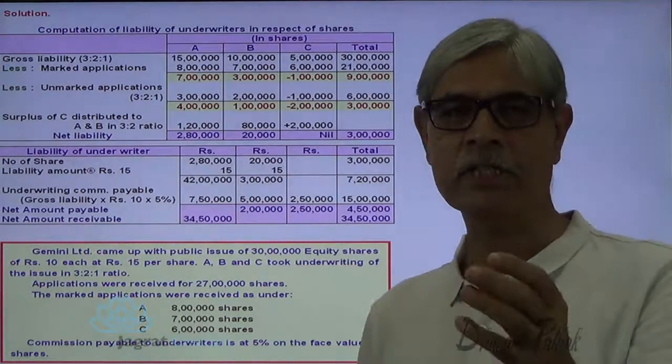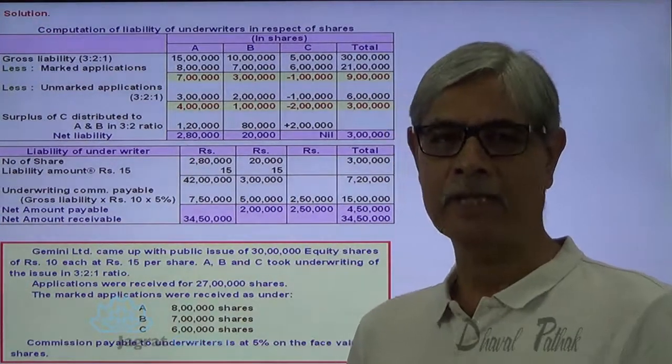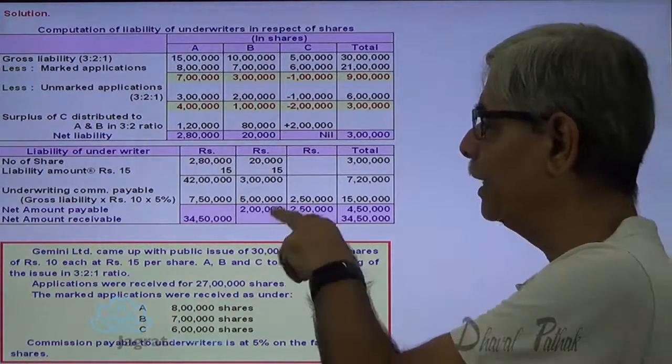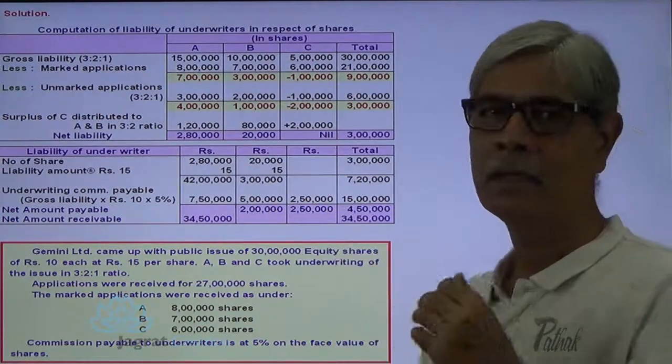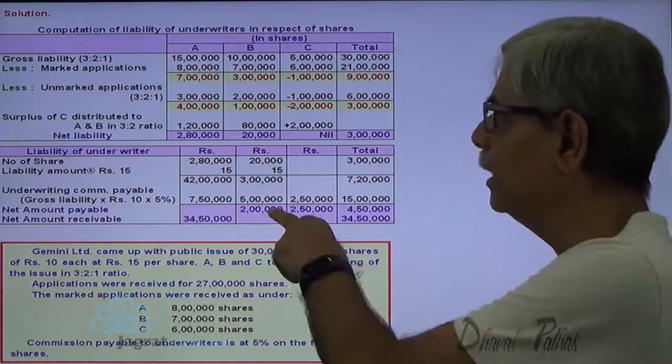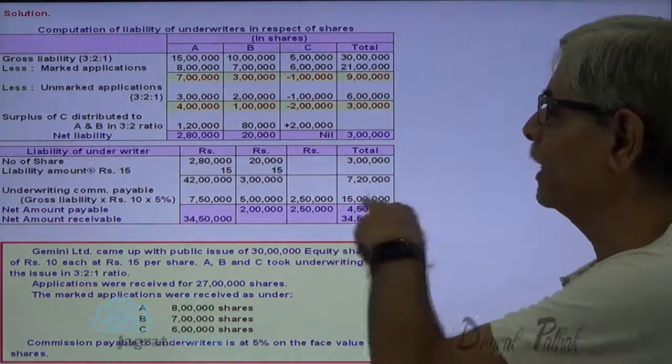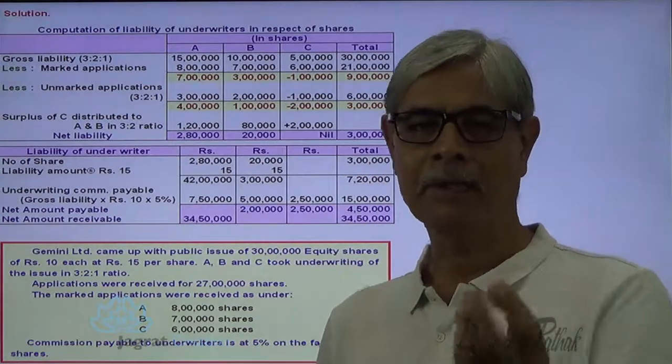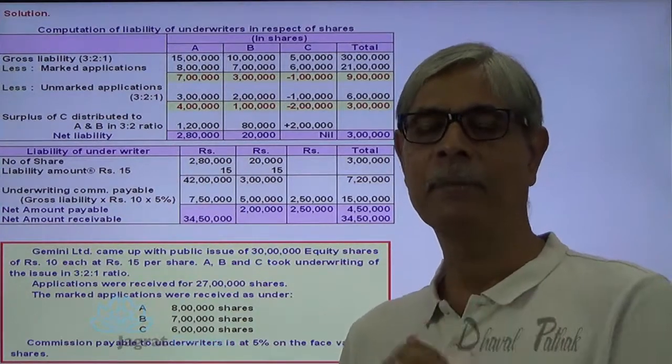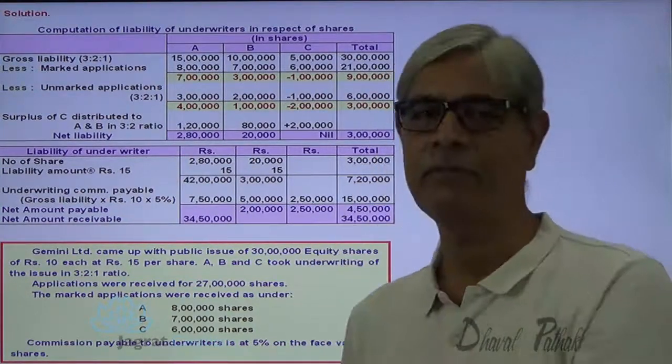He can adjust his claim for underwriting commission to the extent of 5 lakhs. So the amount payable to B by the company is 2 lakhs, and similarly the amount entitled by C. So the company is required to pay C rupees 2,50,000.